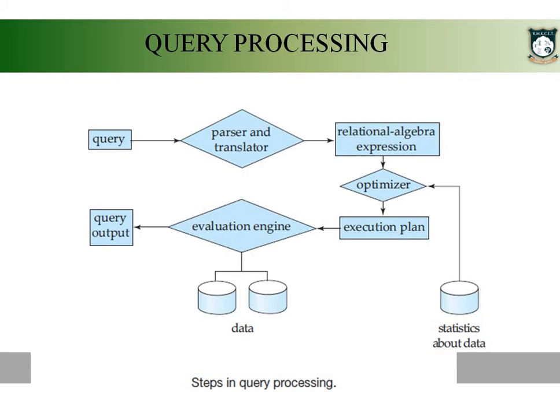It is called an execution plan because the tree-like structure clearly specifies which operation is to be performed first and which next. The order of execution of the operations is clearly specified by the tree-like structure.